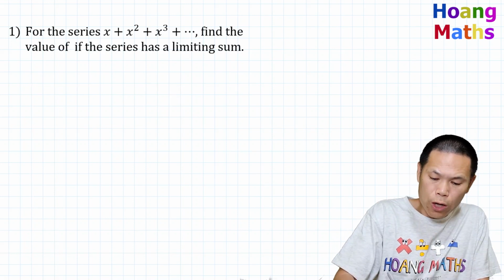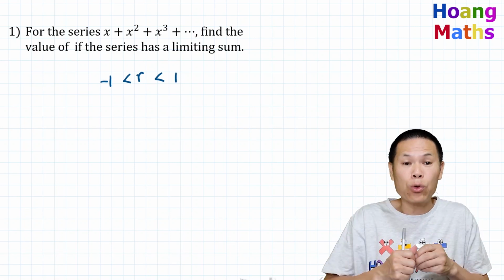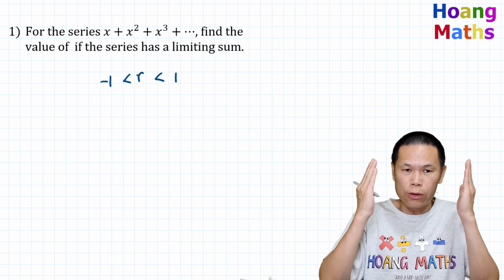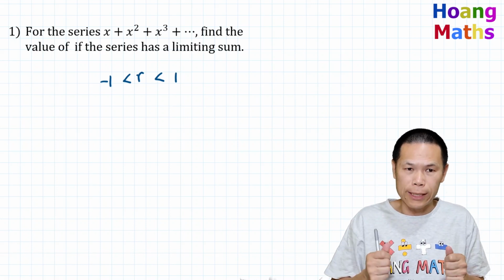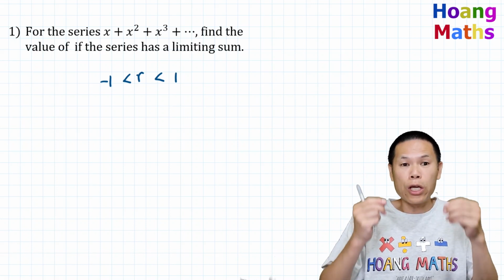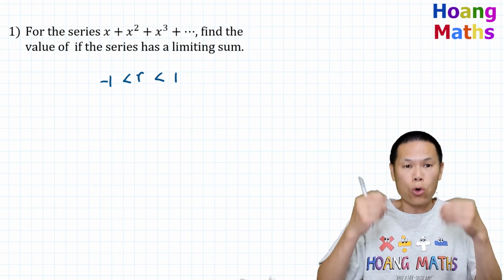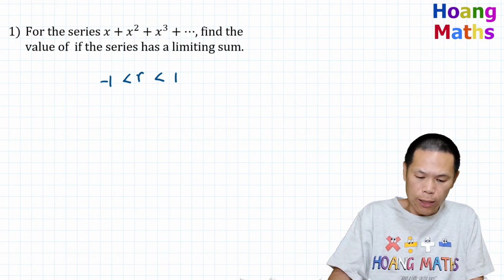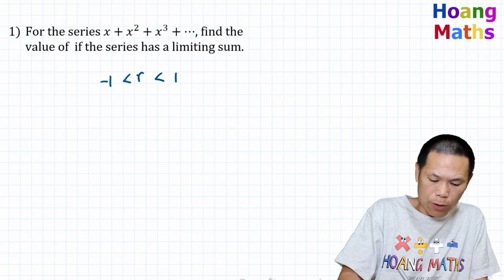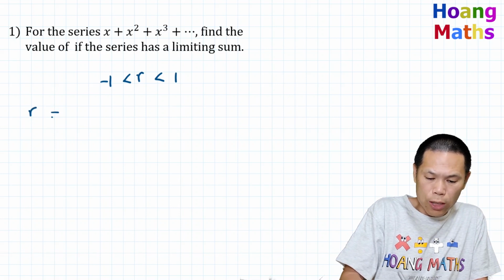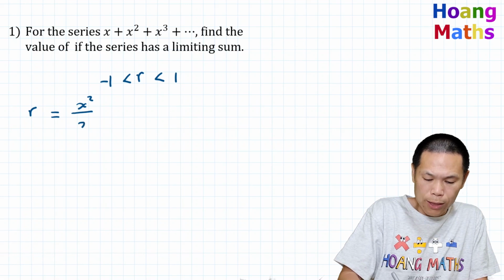So first of all, we know that r must be between -1 and 1 for the limiting sum to exist, okay? So we just need to find the common ratio, that is r. So r is term 2 over term 1, or term 3 over term 2 if you like. So let me just write this down here. The common ratio is term 2, which is x squared, over term 1, which is x.